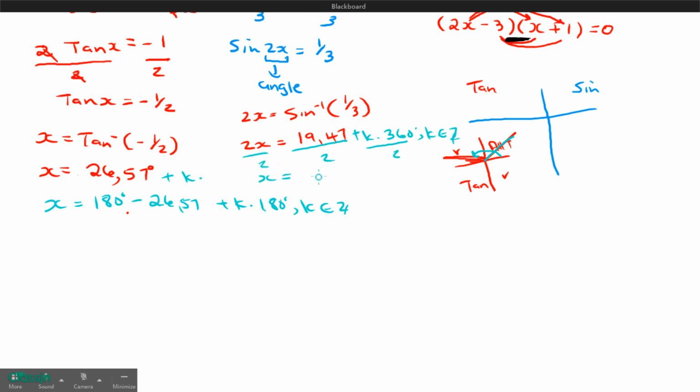So x is equal to 19,47 divided by 2. We get 9,74 plus k times 180 degrees, where k is an element of integers. And then from there, we also have this solution.